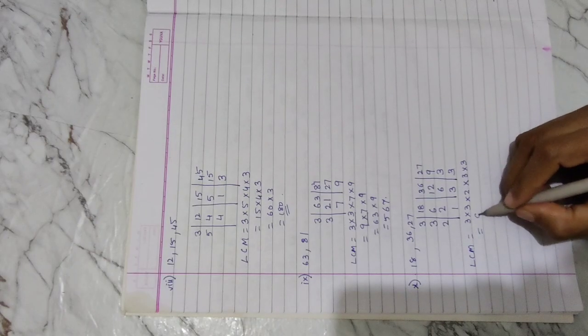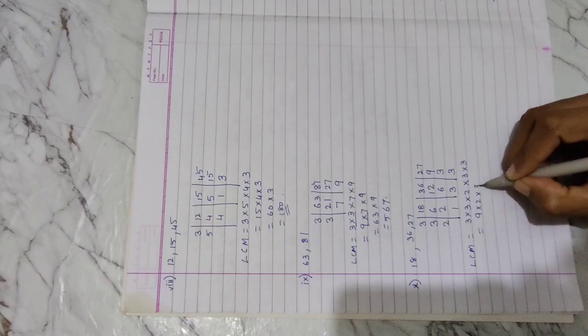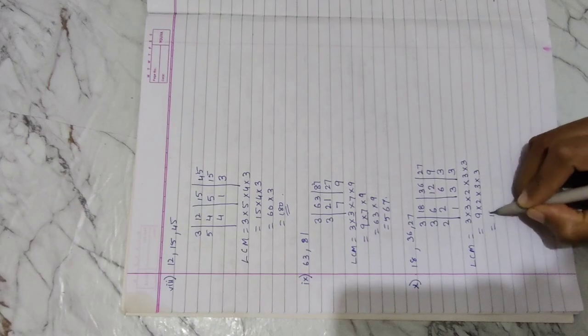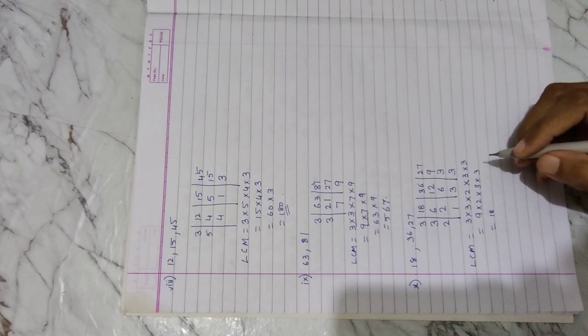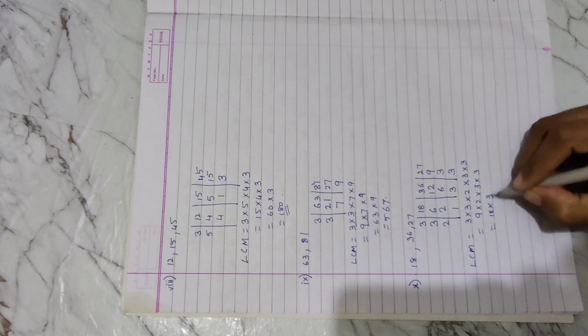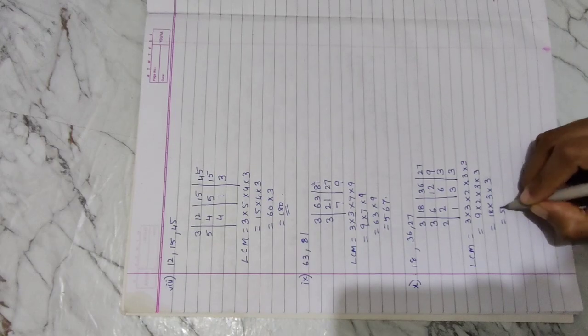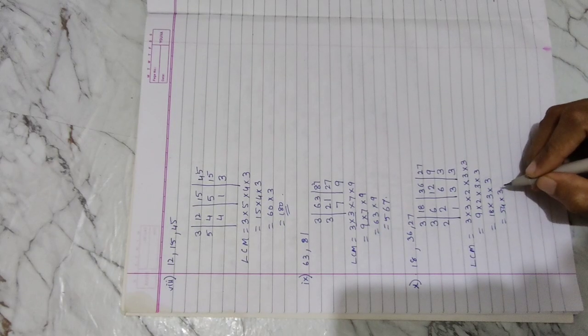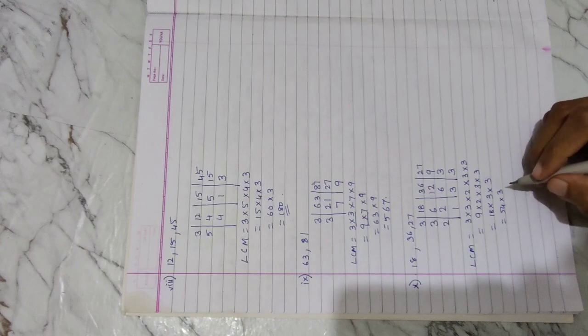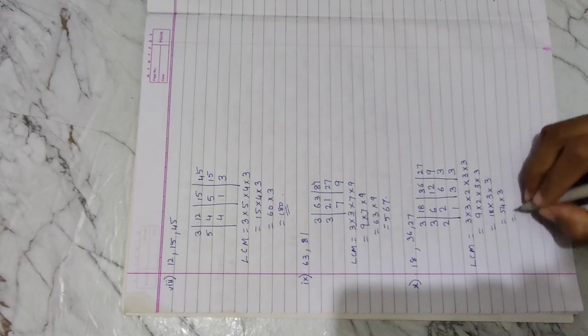Okay, 3 3 ja 9, 9 2 ja 18. Then 18 into 3 is 54 and 54 into 3 is 108.